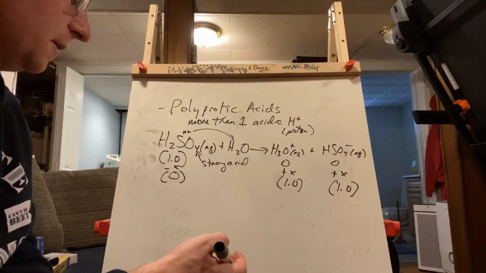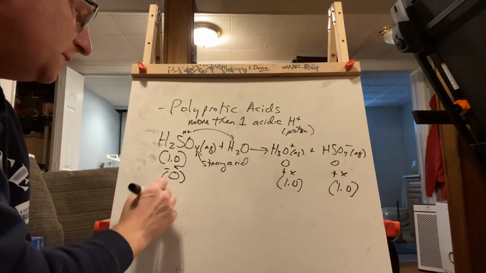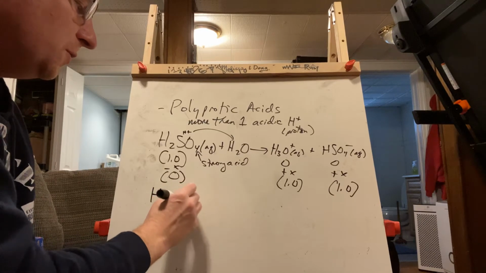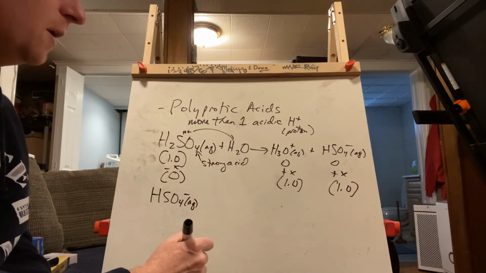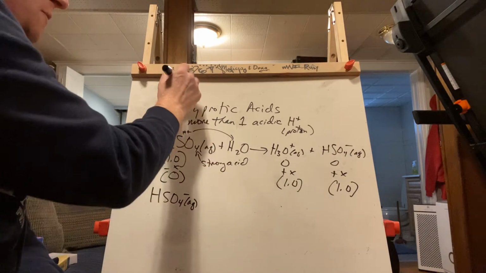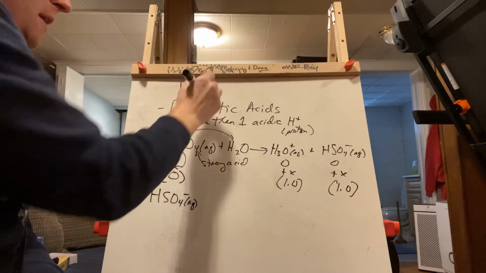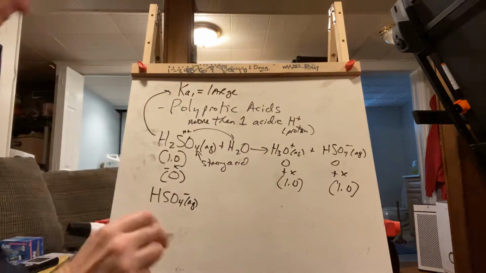But the HSO4- is still going to have a proton that can come off. Let me mention one thing. If you look up the charts, you'll probably see the Ka1 of H2SO4 will just be called large.